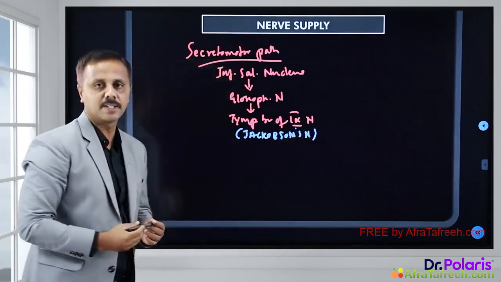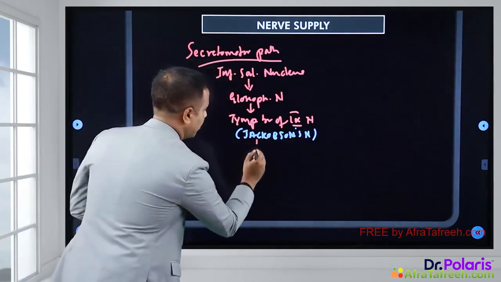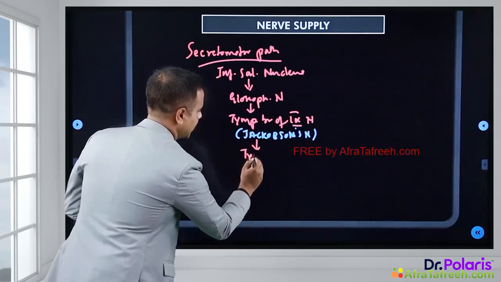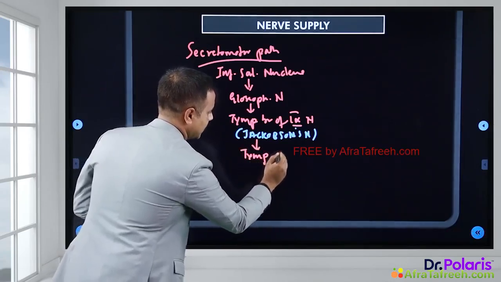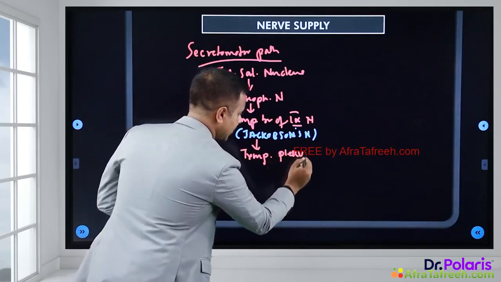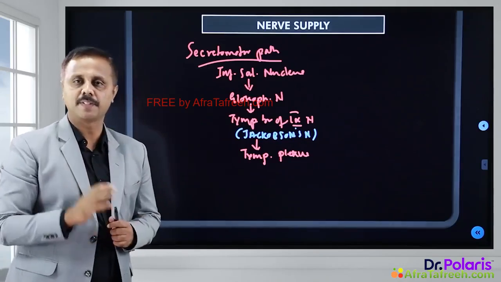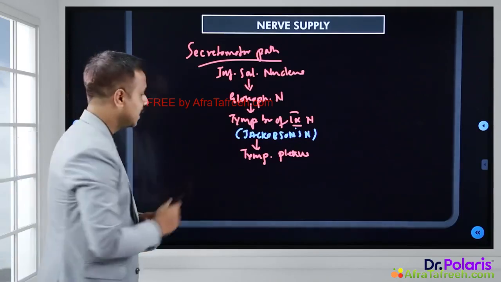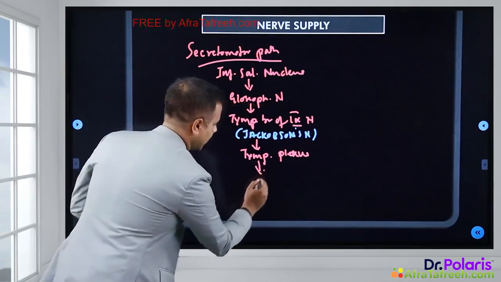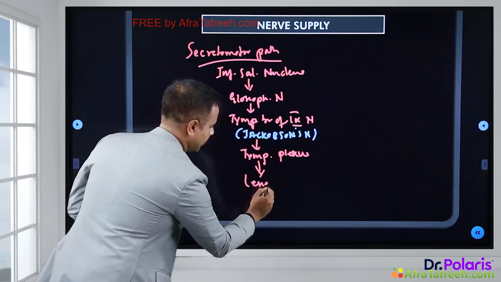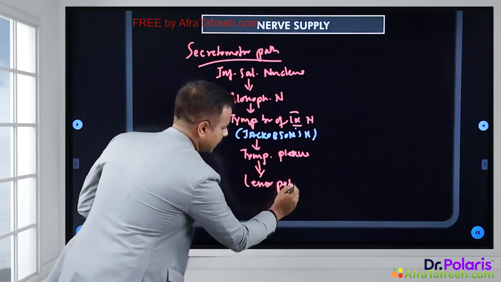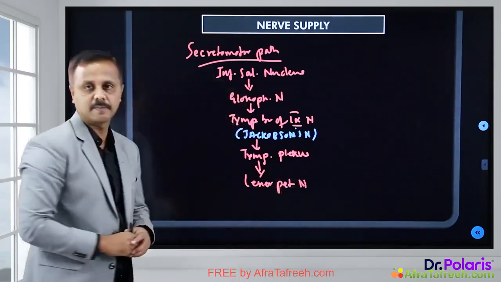The tympanic branch ultimately will form a plexus referred to as the tympanic plexus, where the tympanic plexus is formed over the external surface of the tympanic membrane. Right? From this, there is a lesser petrosal nerve. So we have the lesser petrosal nerve.